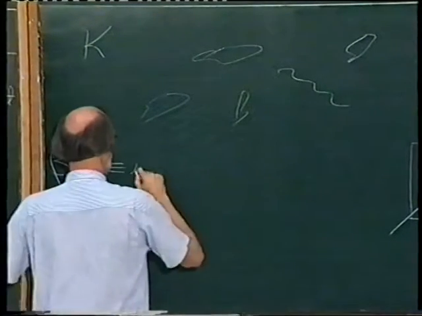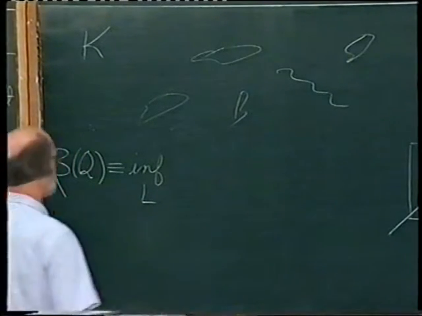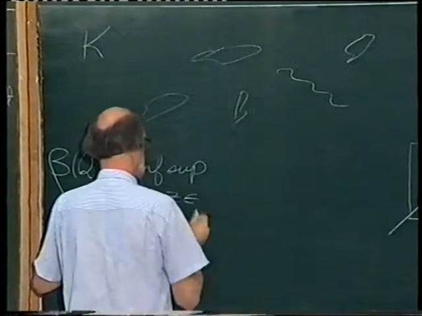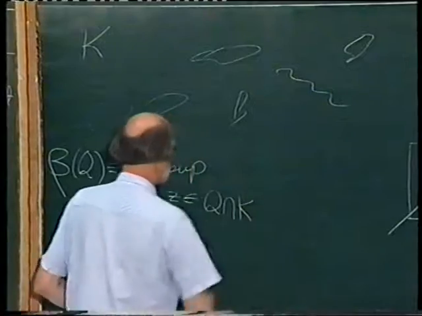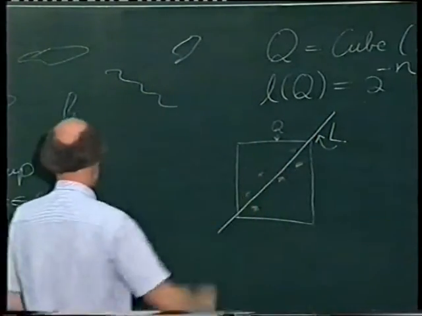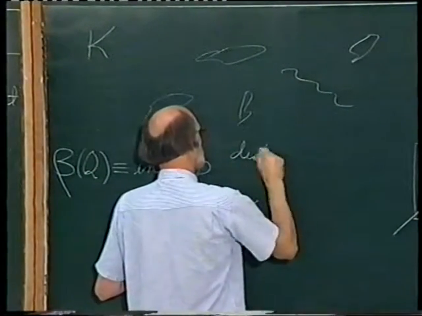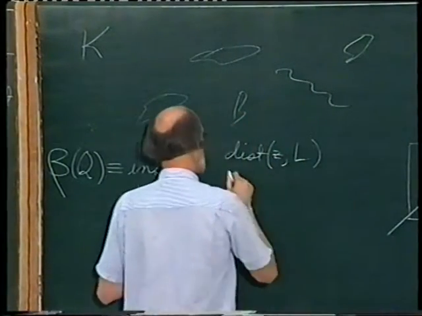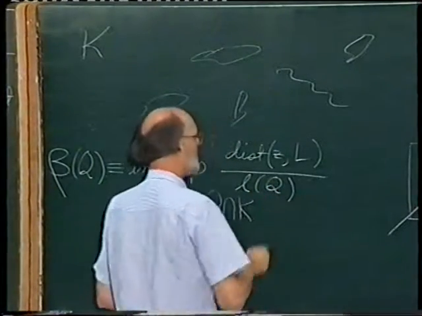So we take the infimum over all possible lines of the supremum of Z in the Q, and in K. So we throw away the rest of the set outside here. And now we look at the Euclidean distance from Z to the line L, and we're going to normalize by the side length of the cube.